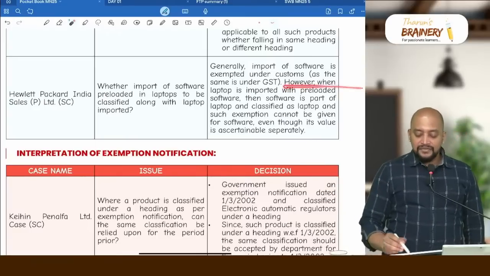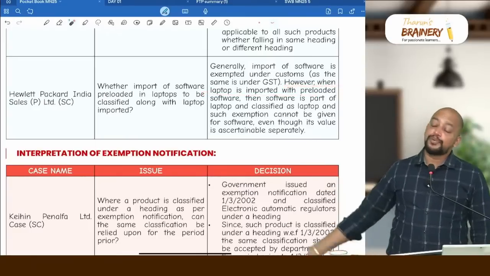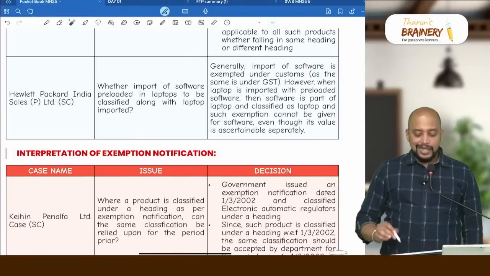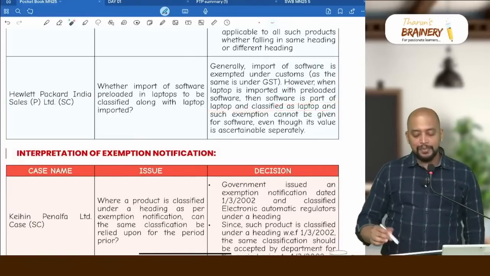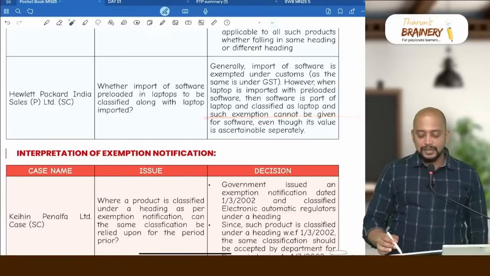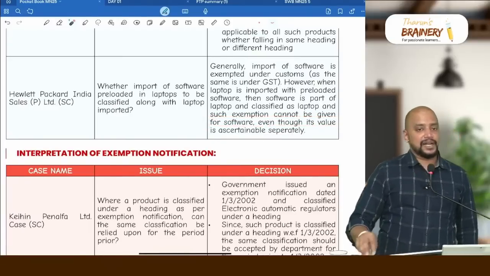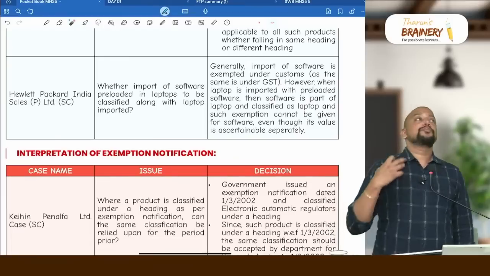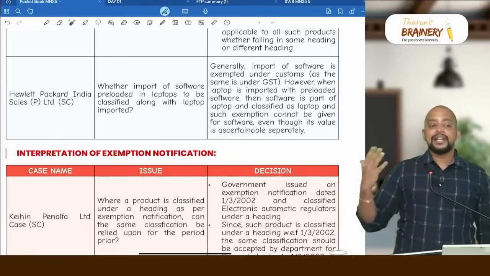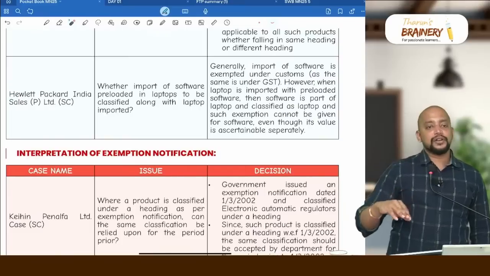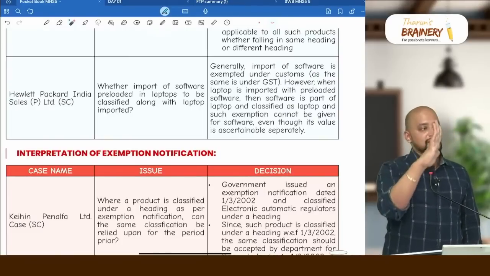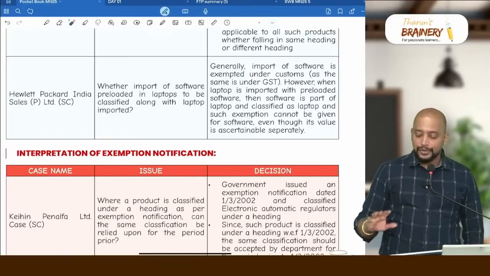However, when a laptop is imported with a preloaded OS, then the software is part of the laptop and classified as laptop, and such exemption cannot be given for the software even though its value is ascertained separately, because basically we are not importing the software, we are importing the laptop, and in that laptop the software is loaded, so it's part and parcel of the laptop and we need to pay customs duty.